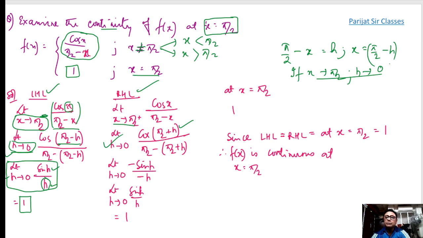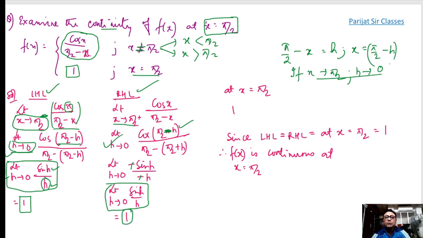So our x will be pi by 2 minus h, sorry. Which is sine h, and pi by 2 minus h is actually h, so this will not be there. So again it comes limit h tends to 0, sine h by h, which is 1.